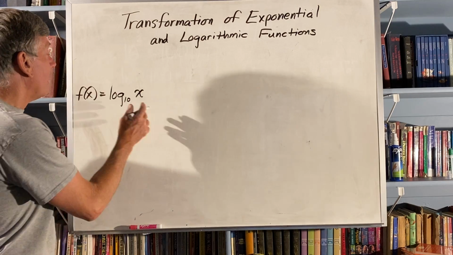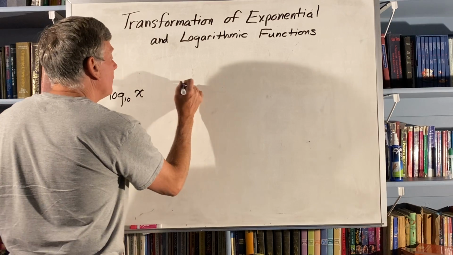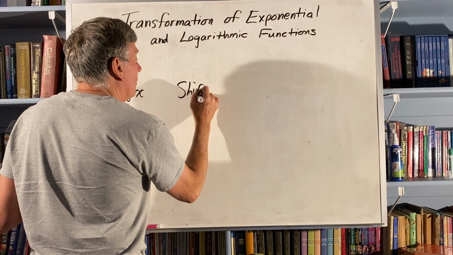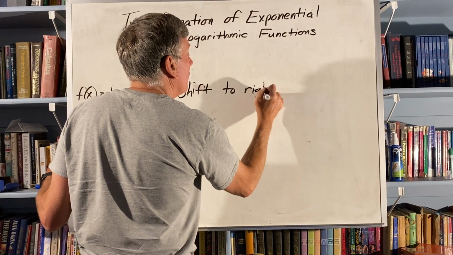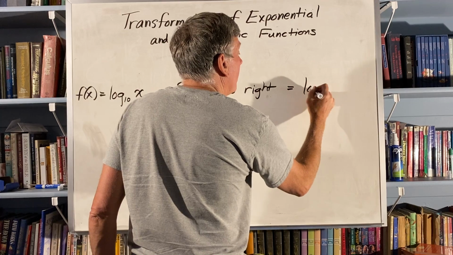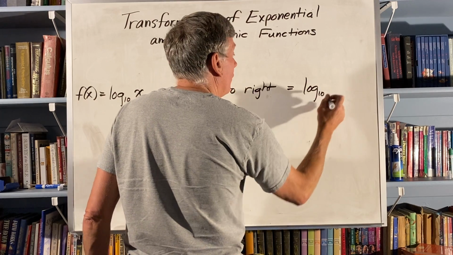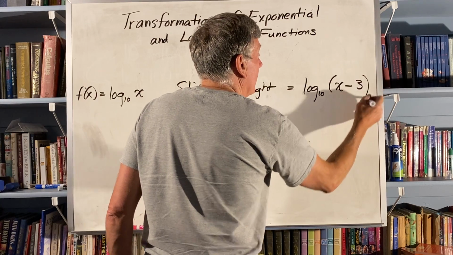So log base 10 of x, and if I wanted to shift to the right, remember how we shifted to the right with our parabolas and our other things? We did the log base 10 of, say, x minus 3.